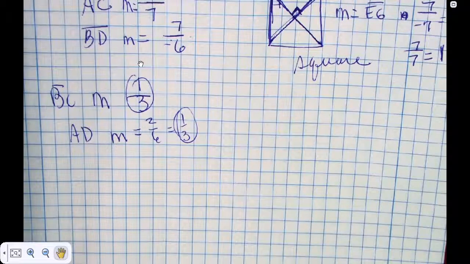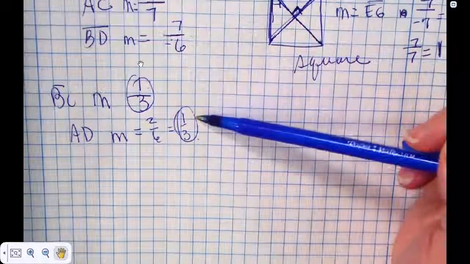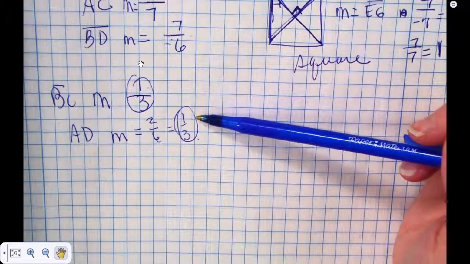A trapezoid has only one pair of parallel sides. We just proved that BC and AD are parallel because they have the same slope. We can see with our eyes that BA and CD aren't parallel. If those didn't have the same slope, it wouldn't be a trapezoid. It'd just be a quadrilateral, a four-sided figure.